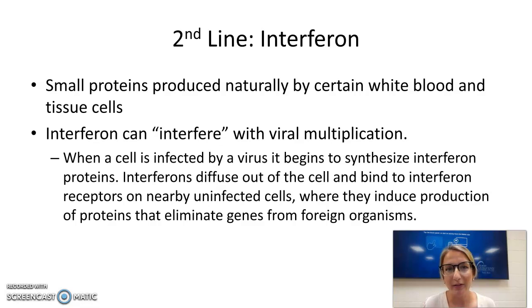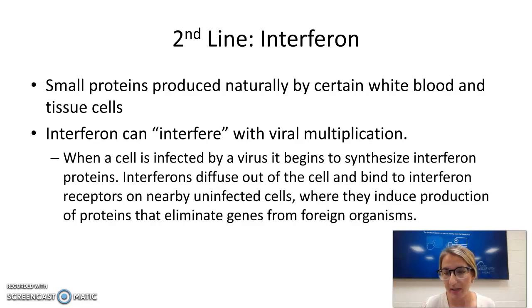When we talk about interferon, we generally say it interferes with viral multiplication. Unfortunately, the original cell that gets infected with the virus does get taken over by the virus. There's nothing that it can do to save itself, but right before it gets completely taken over by the virus, it releases that interferon chemical to alert all the other healthy cells in the area that the virus is present.